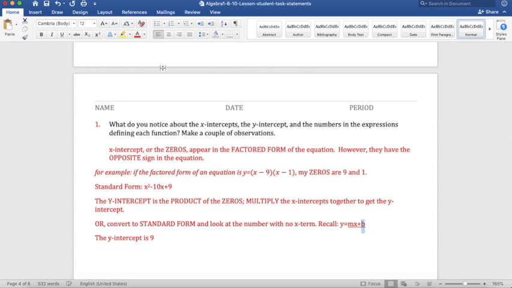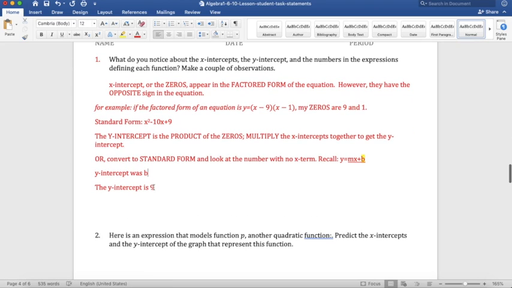That was my y-intercept there. And it had no x term attached to it. So it's pretty much a similar rule here. So yeah, the y-intercept is 9 for those two reasons.